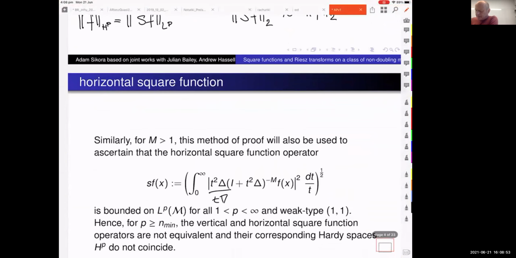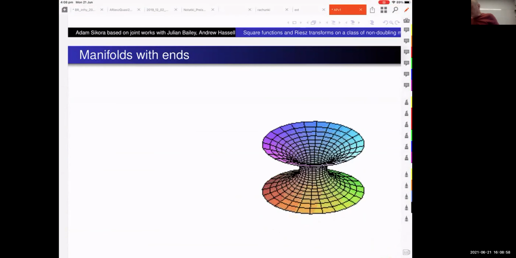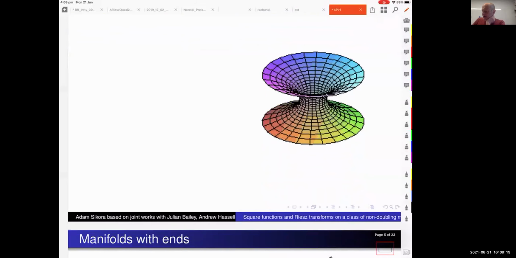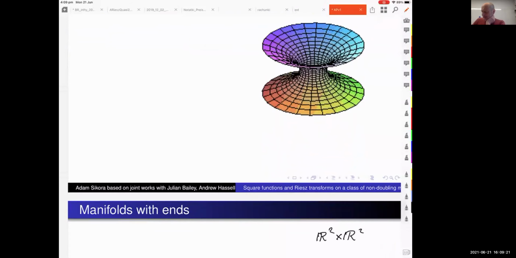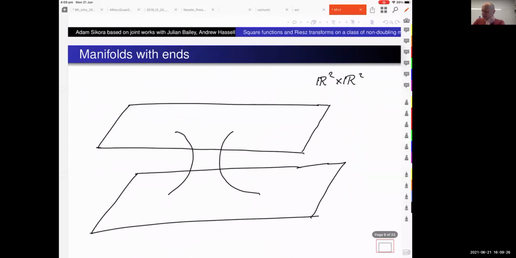Okay, so let me just say a few words about geometry, about the world in which we live. Here I start with a nice picture of a geometrical surface, which is called a catenoid, but essentially this is a connection of two planes. So from the point of view of our analysis, this picture is very similar to the next picture.